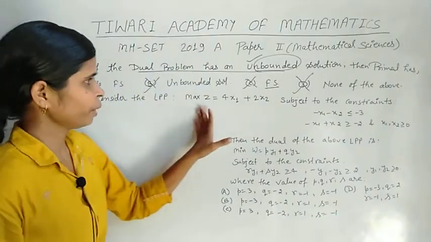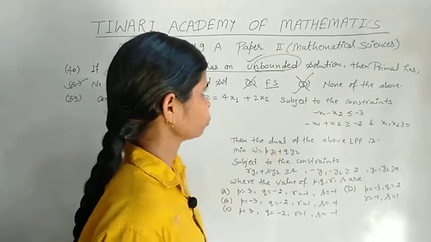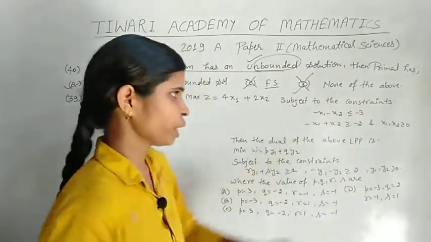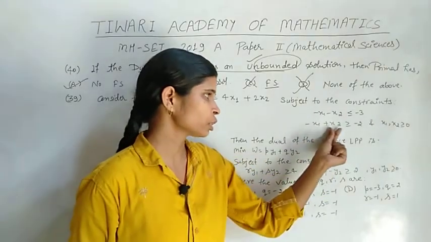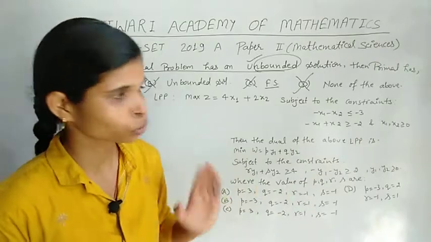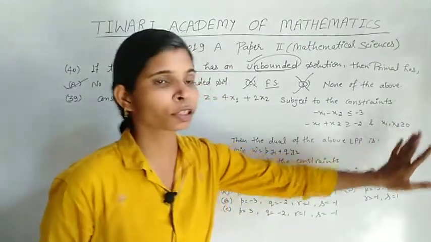Consider the LPP: max z equals 4x1 plus 2x2 subject to the constraints minus x1 minus x2 less than or equal to minus 3, minus x1 plus x2 greater than or equal to minus 2, and x1, x2 greater than or equal to 0. This is our non-negative restriction.